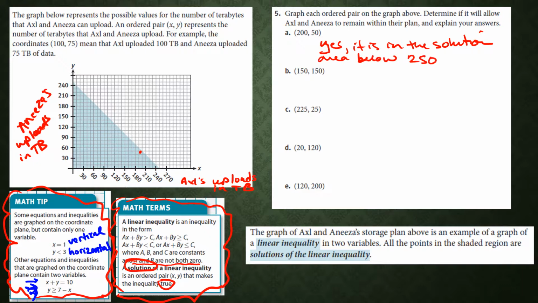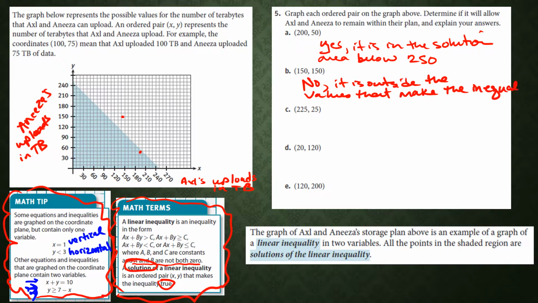It's in the shaded area. 150 would be roughly here, and that would not be in the solution area, so it is outside the values that make the equation true or the inequality true.